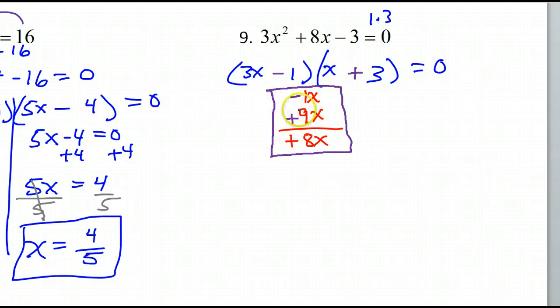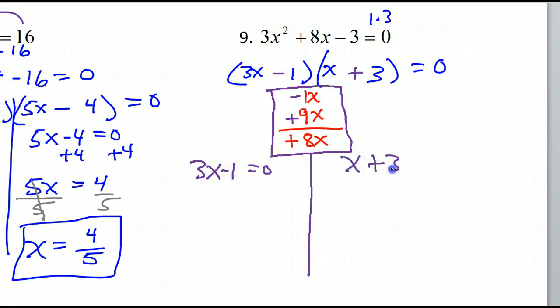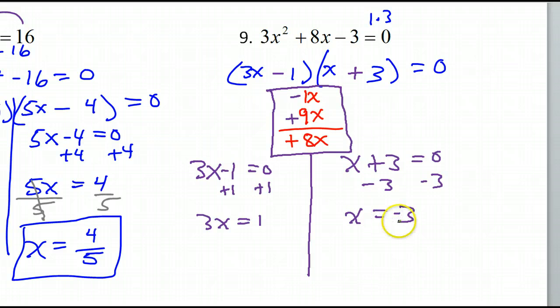Now on to the zero product property. I'm going to take these two and set them equal to 0. So I've got 3x minus 1 equals 0, and I've got x plus 3 equals 0. Add 1 to both sides, so I've got 3x equals 1. Subtract 3 from both sides, so I've got x equals -3.